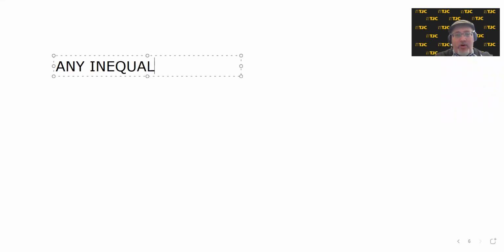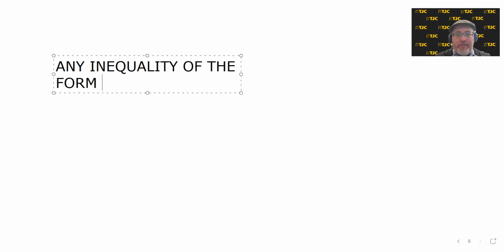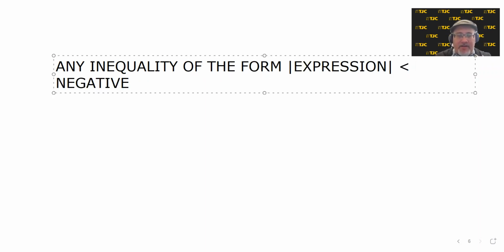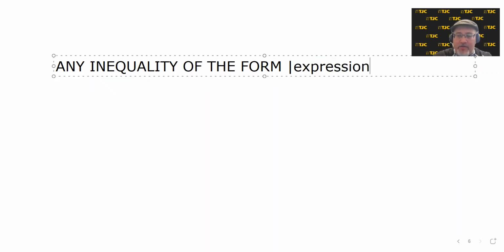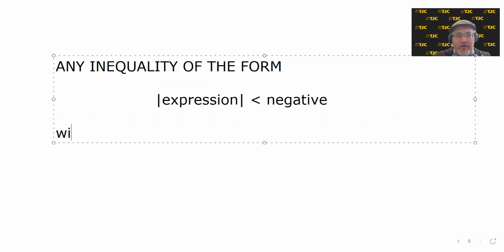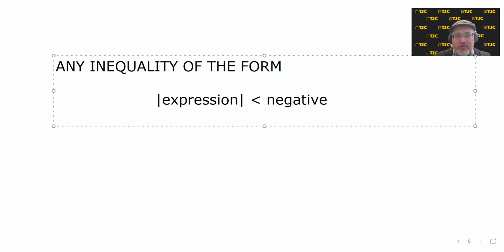Any inequality of the form absolute value of an expression is less than a negative will always end with no solution.